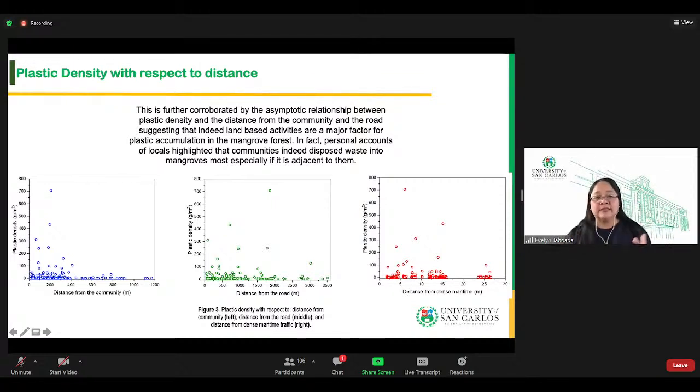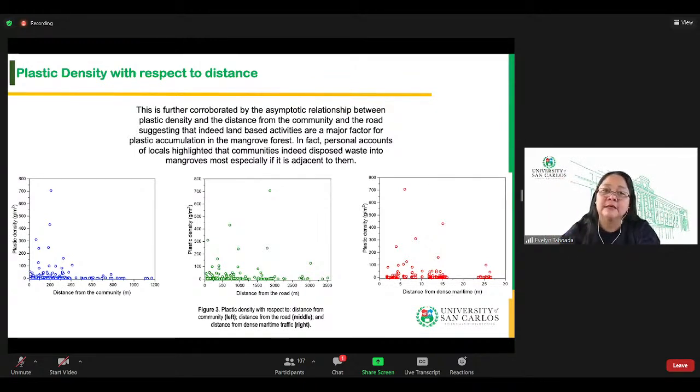And then, as you can see from these figures, there are a lot of plastic density incidents when the distance is much nearer to the community, to the road, and to the dense maritime places.